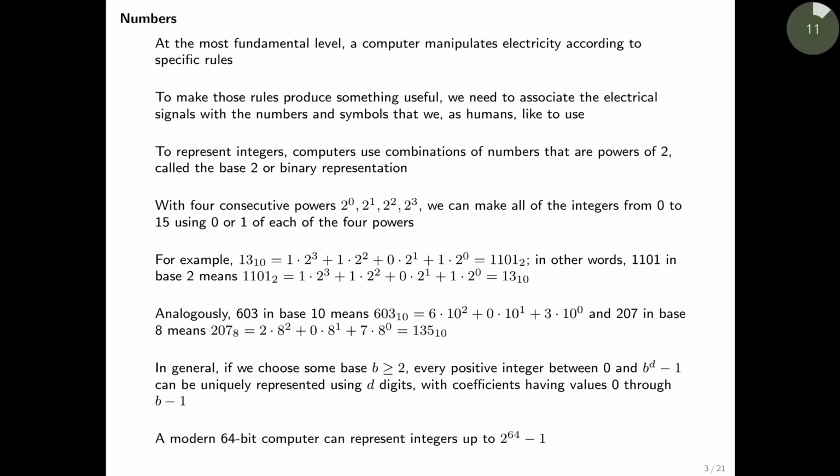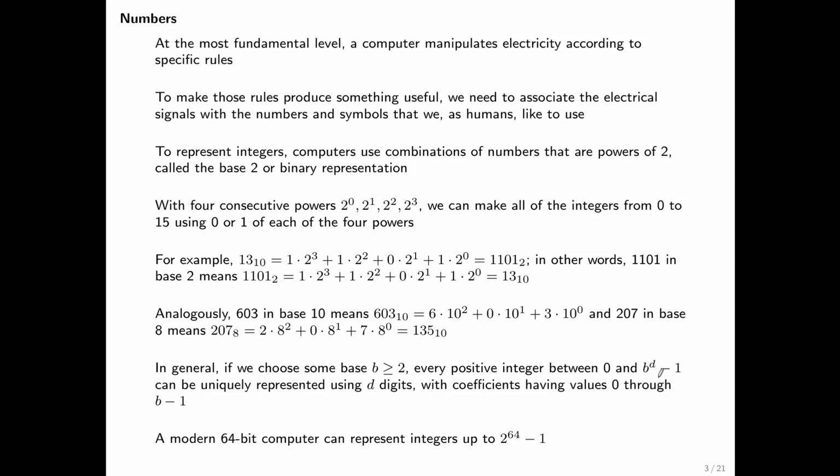Now, in a modern day computer, we are typically representing numbers using 64 bits, which means that you can represent integers as large as 2 to the 64 minus 1 on such a computer, okay? Because d here is 64.